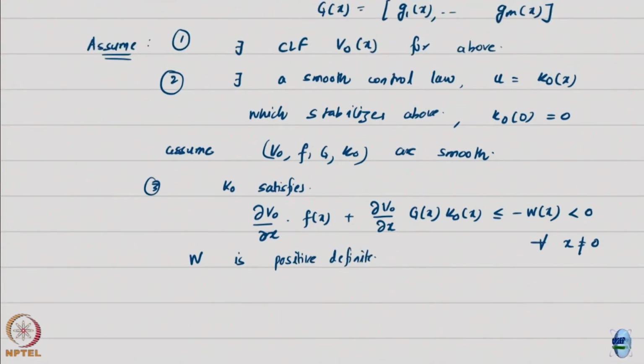Why I'm specifying the third point, although it seems like the definition of the CLF itself, is that I'm saying that with this control, this negative definiteness is obtained. Typically, if you have a CLF, it means that LfV0 plus LgV0 times control is negative definite for some control. But here I am saying with this particular control, this is negative definite.